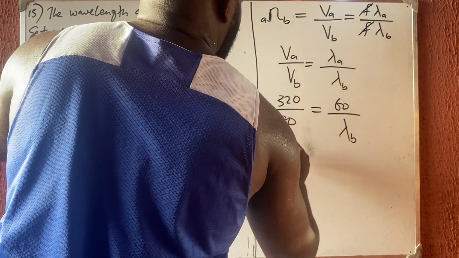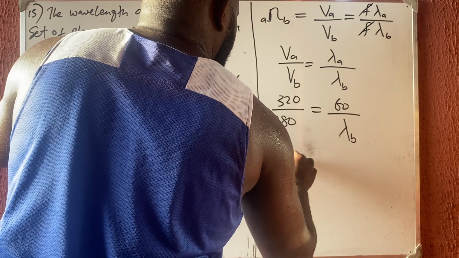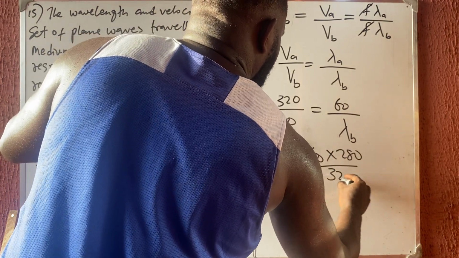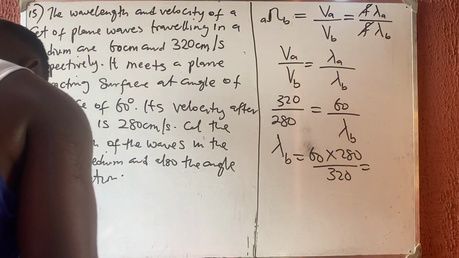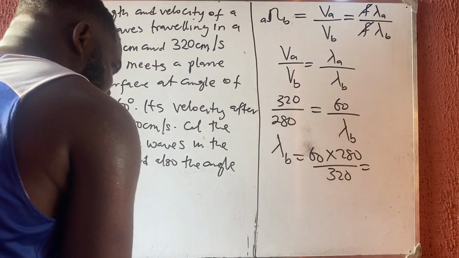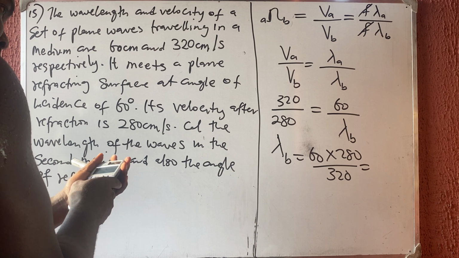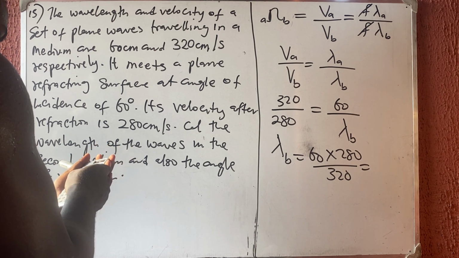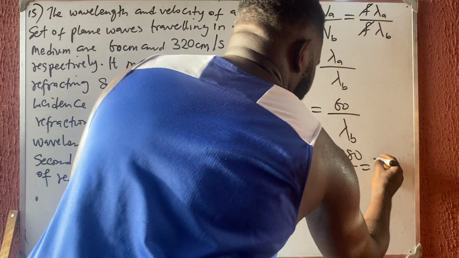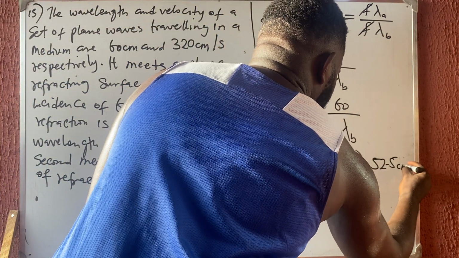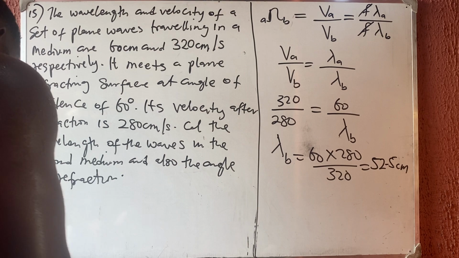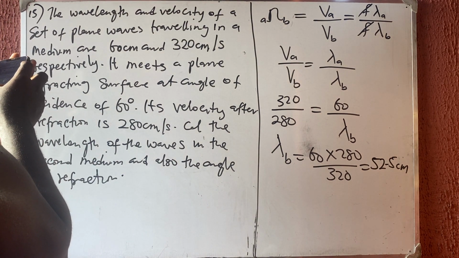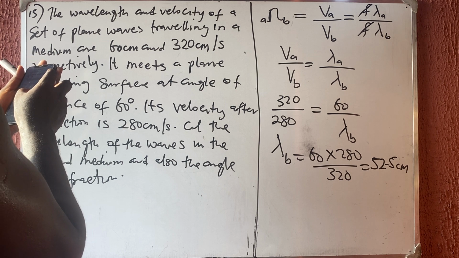If I cross multiply, lambda B will be 60 times 280 divided by 320. So I'm having 52.5 cm. This is very, very simple to calculate.